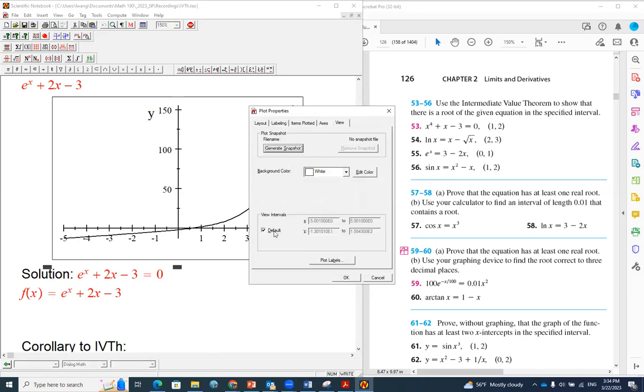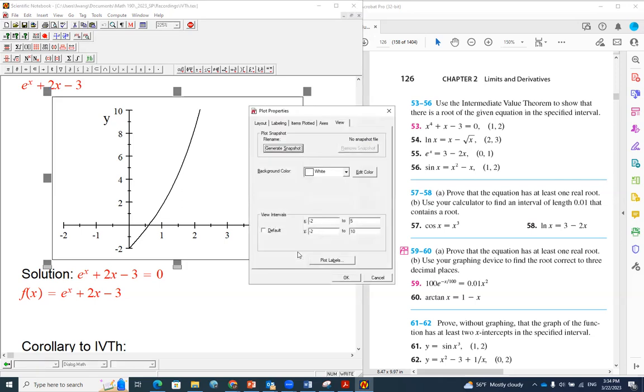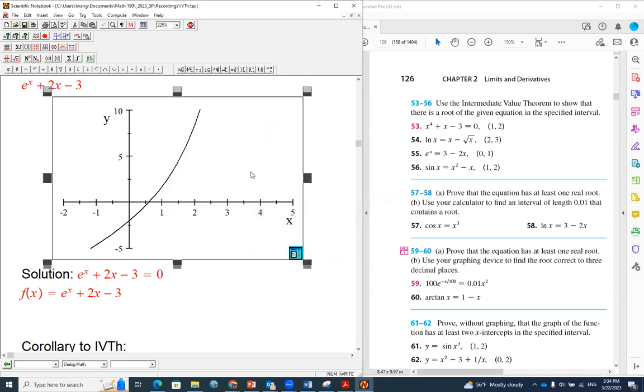I'm going to adjust the view from -2 to 5, and here -2 to 10. It's about the same scale, right? And this one goes down further. Maybe I can go a little further. There we go.